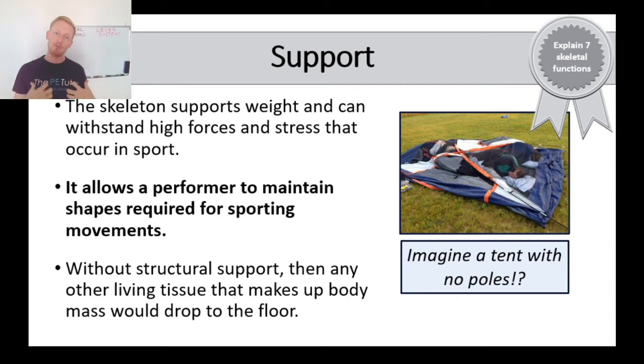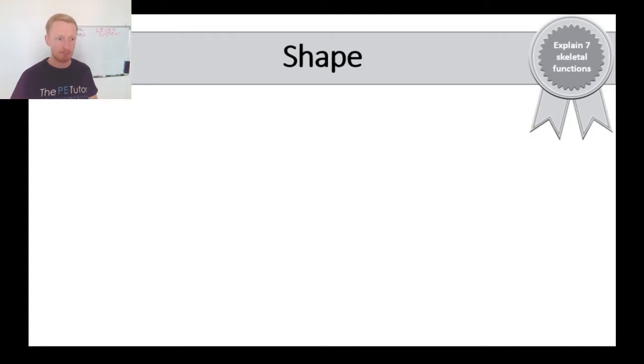They've now got their own body mass and a teammate to try and support in the air, to try and keep upright, to keep safe, to keep balanced. So support is there to actually endure force, to endure different directions which are passing through the body, and the skeleton is there, steadfast, strong, making sure that everything else isn't knocked around and goes wherever the wind takes it. So support, another big one.